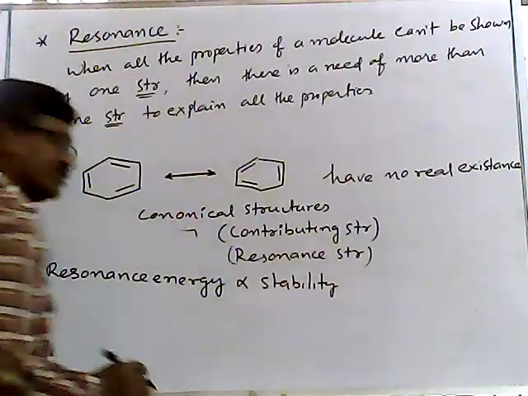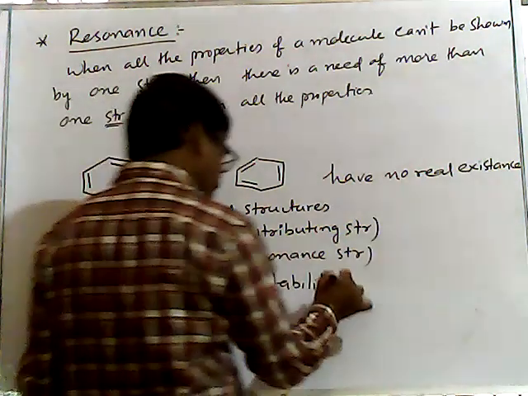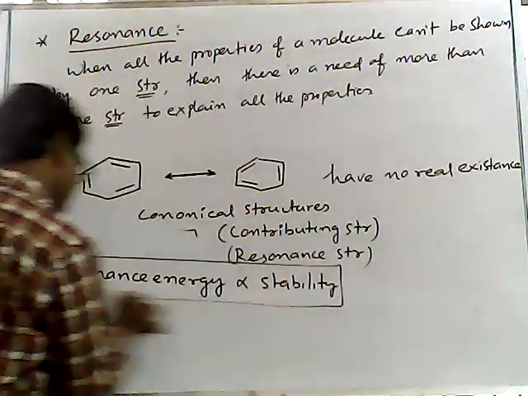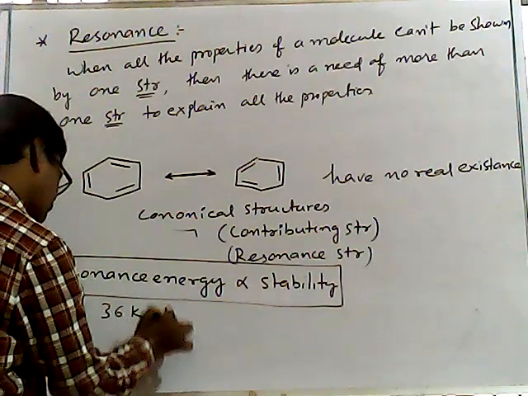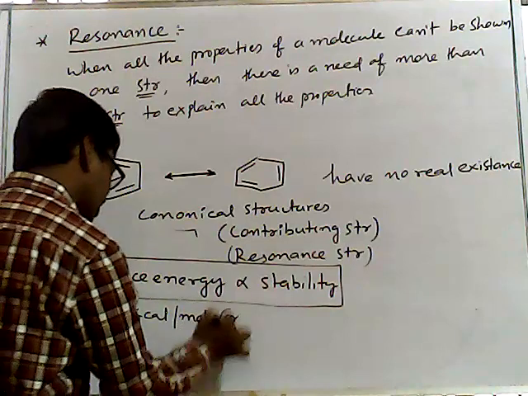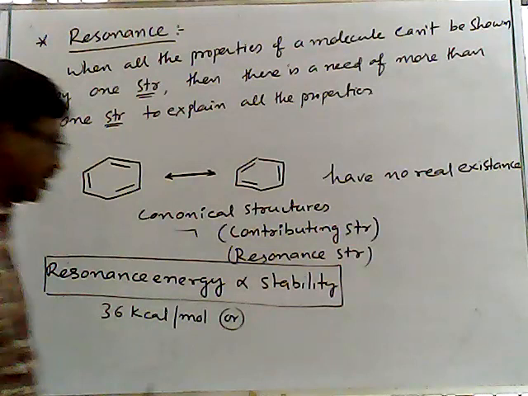Stability we can measure by resonance energy. More resonance energy means more stability. So this you have to remember. For benzene, the resonance energy is 36 kilocalories per mole. Otherwise, the same thing we can write as 150.62.